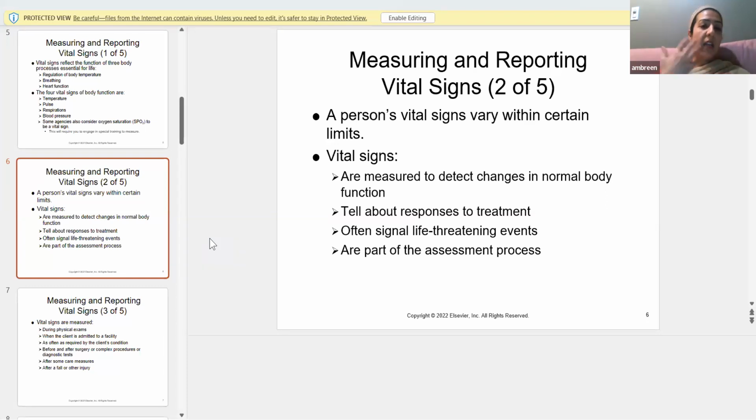That's my baseline. So every client, every patient, every resident, wherever a person is, has their own baseline vitals. Anything below or above their baseline vitals is unknown.